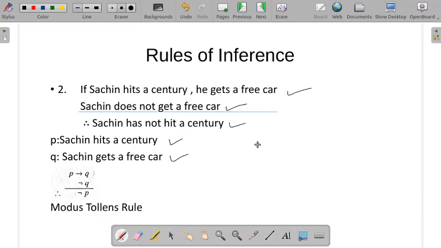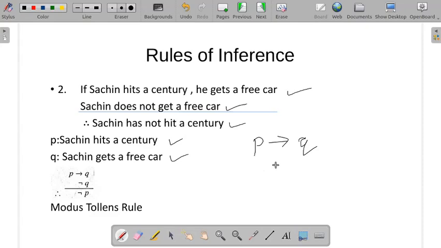If Sachin hits a century, then, the word "then" is not there in the question, but it has to be understood. If Sachin hits a century, then he gets a free car.